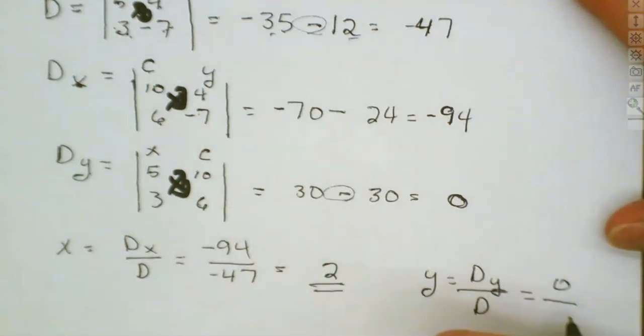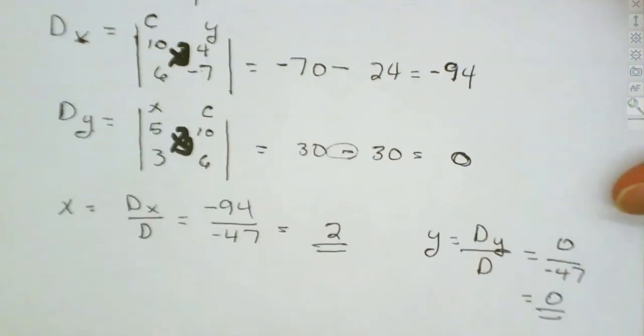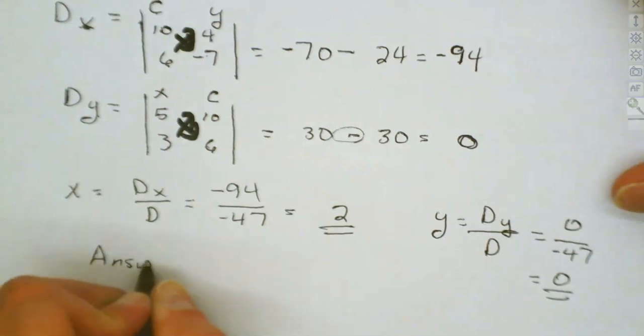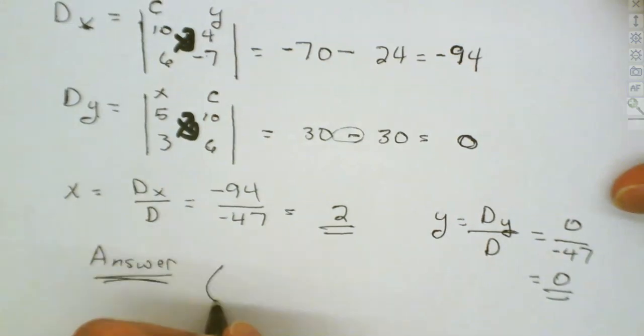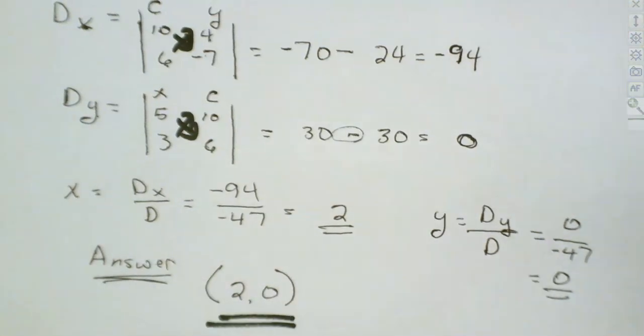D was a minus 47. 0 divided by any number is what? 0. So what's my answer as an ordered pair? Make sure you put it in the correct order. That's 2, 0. And that's the same answer that you would get if you used either substitution or elimination.